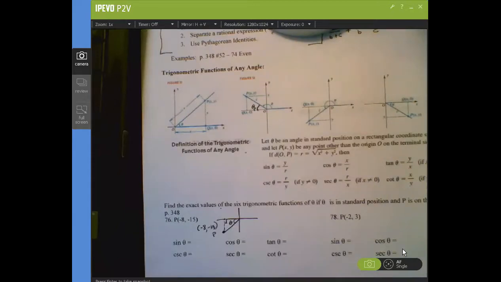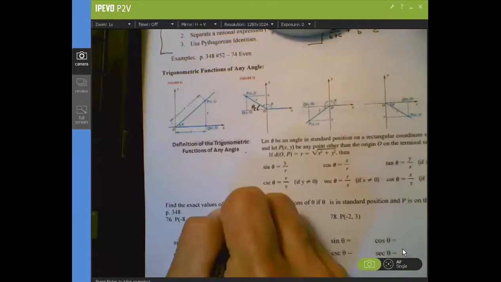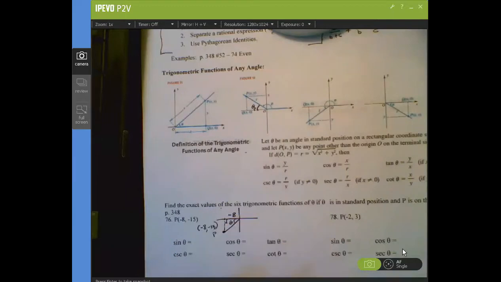Now, I hate to label a side of a triangle as being negative, technically a length can't be negative, but still, I'm going to label this side adjacent to theta. That's my horizontal distance. I'm going to label it -8, just so I don't lose the negative. And -15 is this vertical distance.